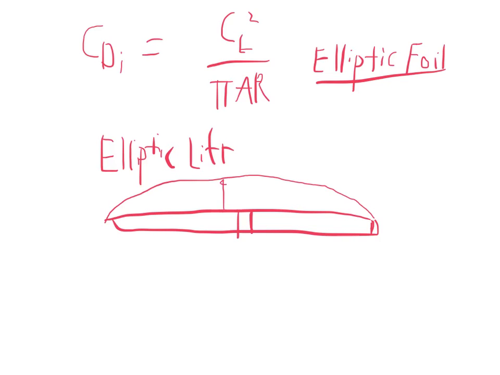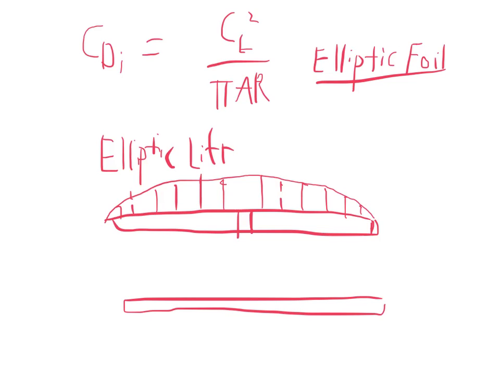So you have lift occurring here, and it gets weaker and weaker, and it necessarily goes to 0 at the wingtips anyway. But the shape of this is elliptical. And you can produce this if you use a constant twist airfoil, same sections. You can produce this by simply using an elliptic planform. So the chord varies elliptically, the lift will vary elliptically as well. This produces a constant downwash distribution that looks like this.